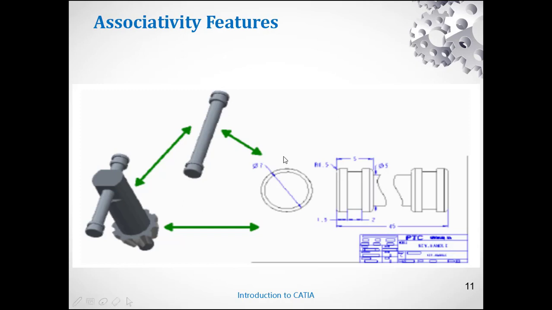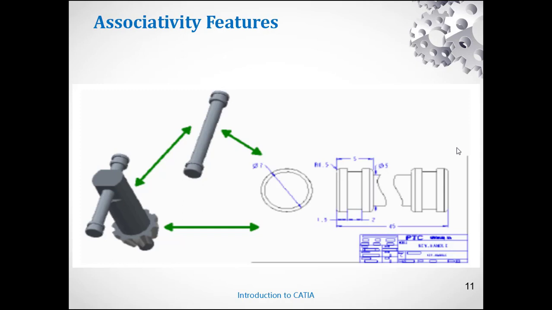For an example, you can consider this particular part, this one rod available. The same rod I have used for the assembly, and I have generated the drafting for that as well. Now say the revision is there for the rod, and I want to change the dimension for the rod. Do I need to change the dimension of the rod in all the environments like part design, assembly, as well as drafting?